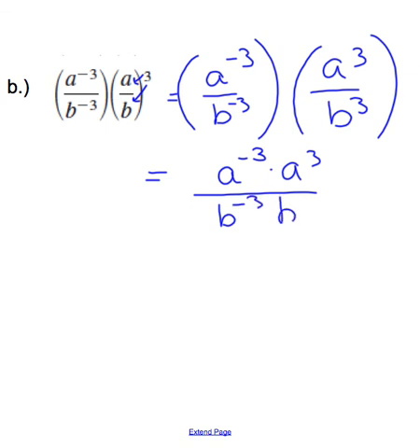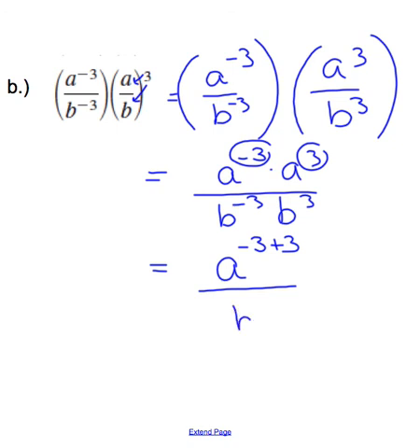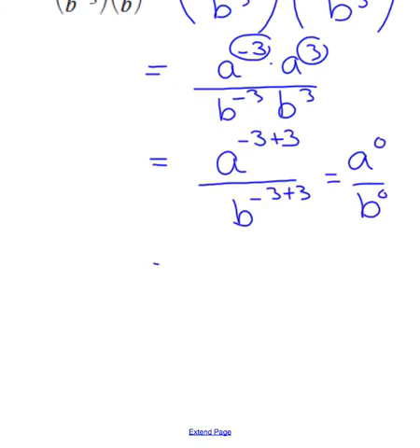If you remember what happens when you multiply common bases together, the exponents add together. So you have a negative 3 plus 3. Same thing in the denominator, negative 3 plus 3. A to the 0, b to the 0. It's not 0, it's 1 over 1, which is 1.